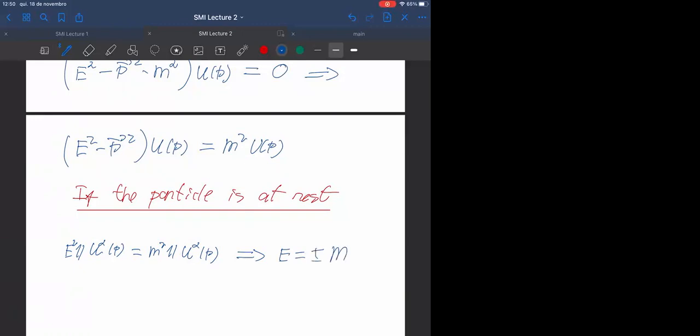So once again, we have negative energy solutions, but we already know that these negative energy solutions are basically the antiparticle. Dirac had a different interpretation back then. I guess you have heard about the Dirac sea, and basically he thought that all negative solutions were filling what we call the Dirac sea, a ground state. So negative energy was lower than positive energy, and because of that, that energy was more favored, and it was completely filled.